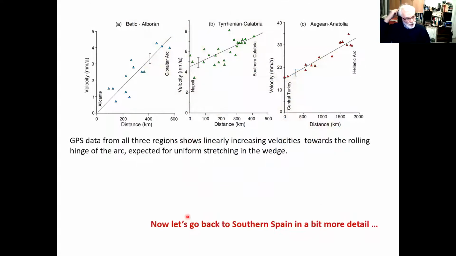So when we look at the GPS vectors in all three of these regions and plot the velocity represented by the GPS vectors versus distance from the rolling hinge, you see a more or less linear relationship in each case between the velocity and distance. And that's exactly what you'd expect if you've got stretching with a constant strain rate in the back arc stretching region.